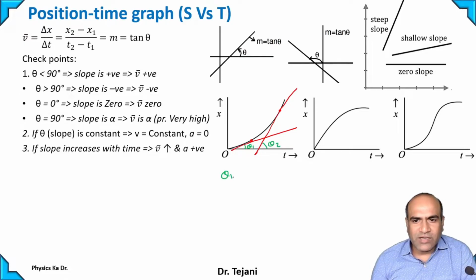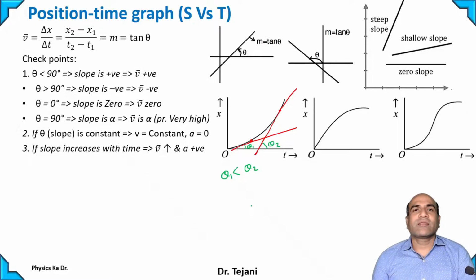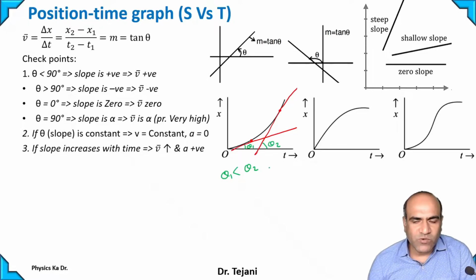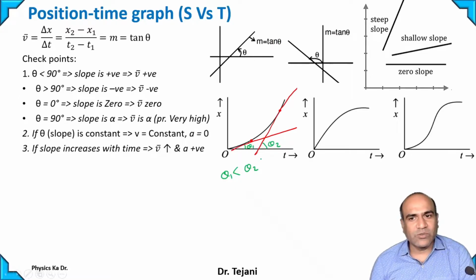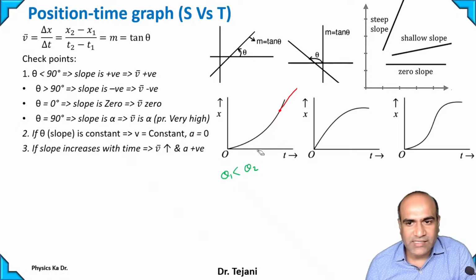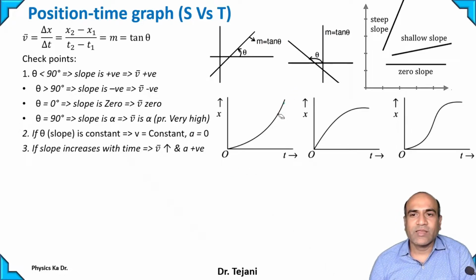Can we say theta 1 is less than theta 2? Yes, of course. So we can conclude that the slope increases.